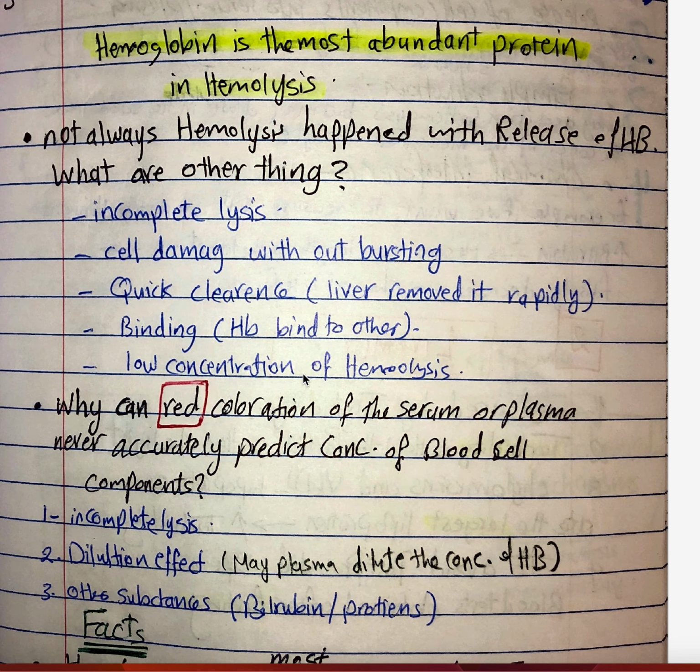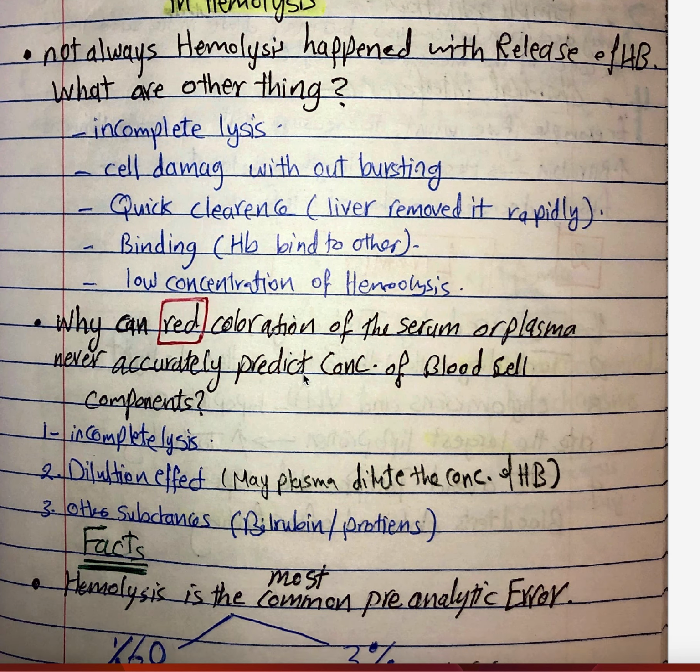And the other question: why can red coloration of the serum or plasma never accurately predict the concentration of the RBCs? The same thing, okay? The red coloration is because of hemoglobin, because hemoglobin contains iron, and that makes it red. So that is not a predictor of the concentration of the RBCs.